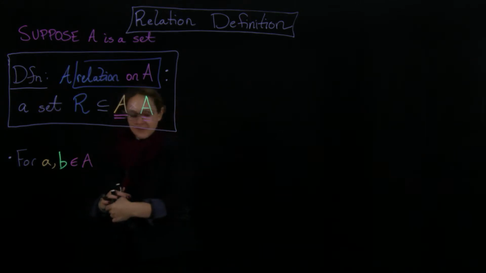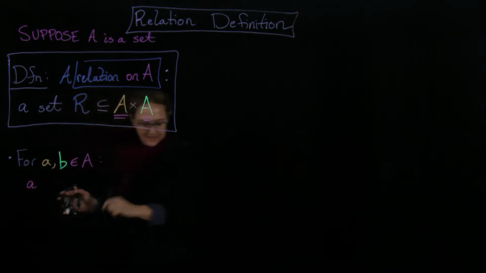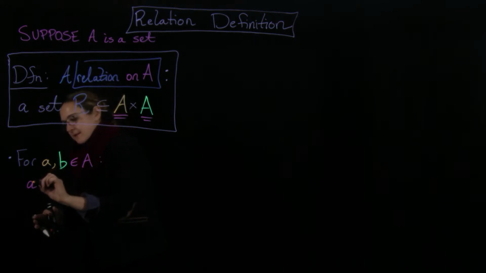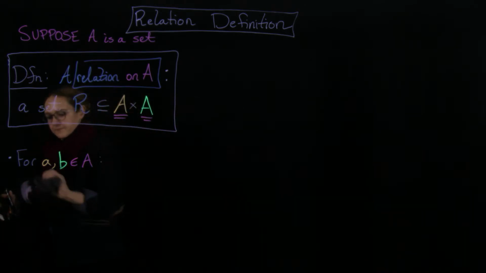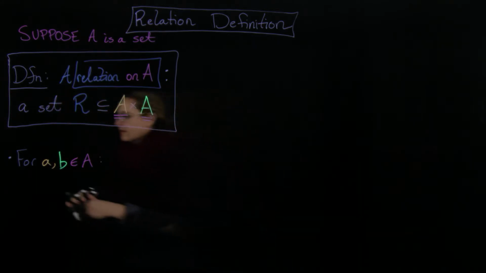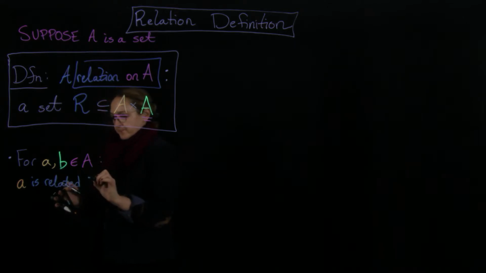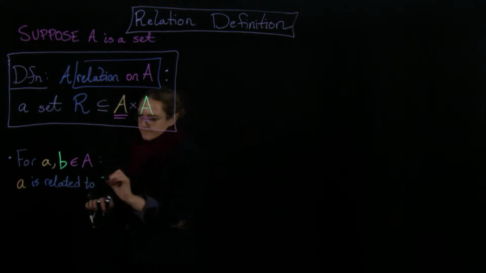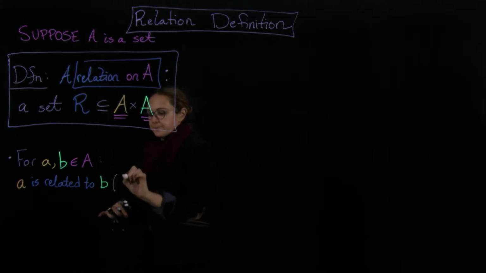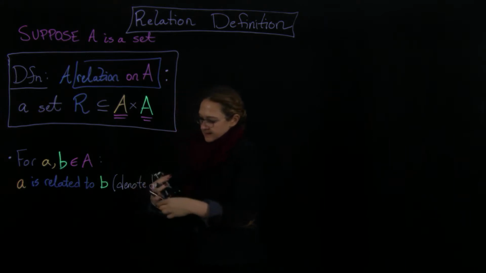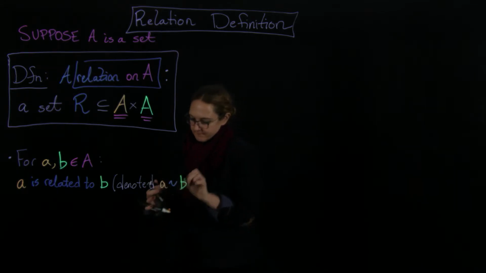For these, we're going to say that a is related to b, and that's going to be denoted as a ~ b, written like this.